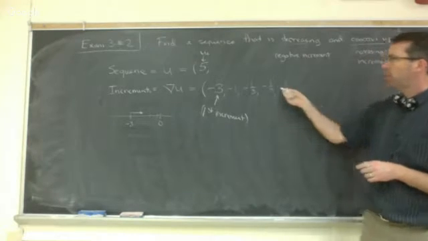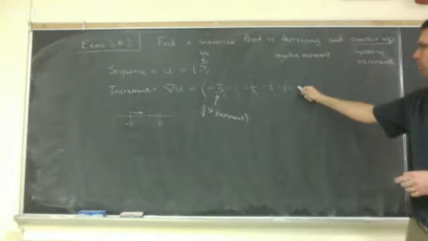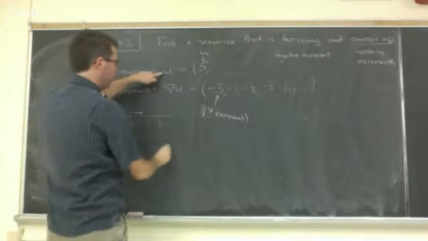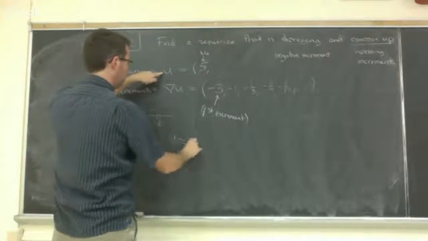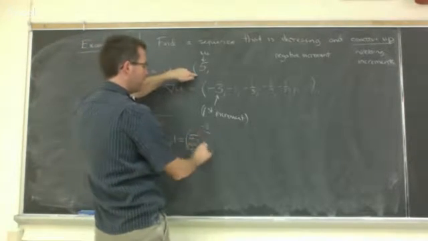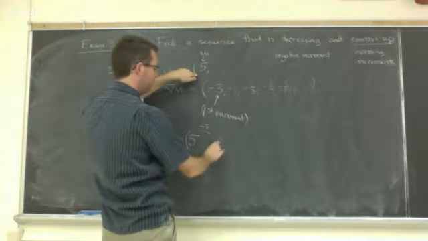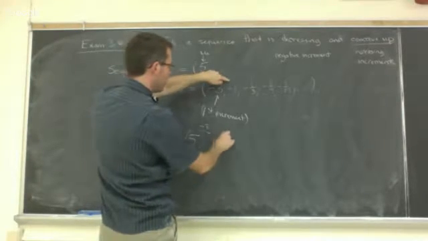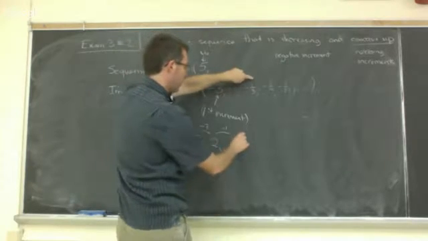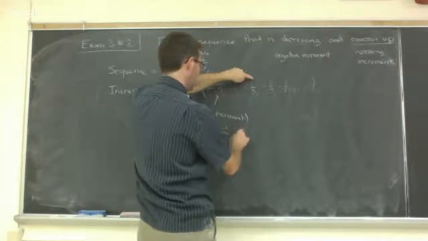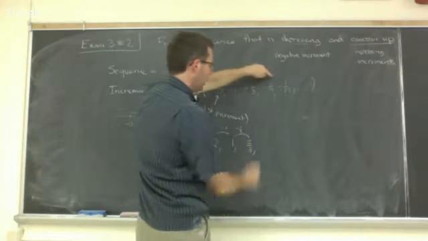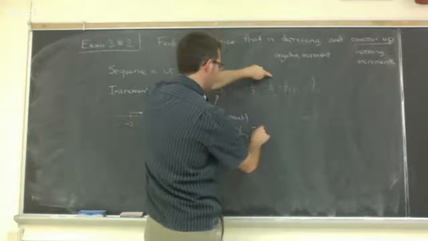So if this is my sequence of increments, then my sequence for u, I need to subtract 3 for the next value. And then I need to subtract 1 for the next value. And then I need to subtract a third. So I'm at 2/3 now for the next value. And then I would need to subtract 1/9.